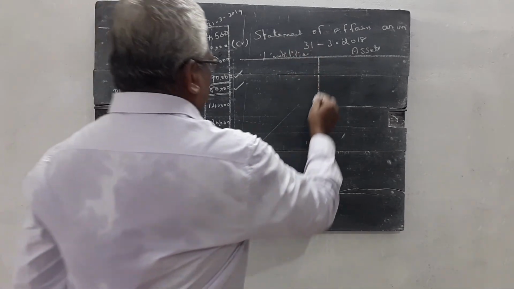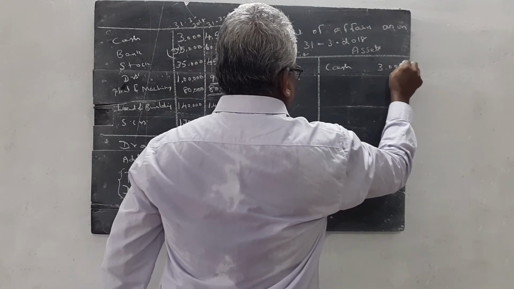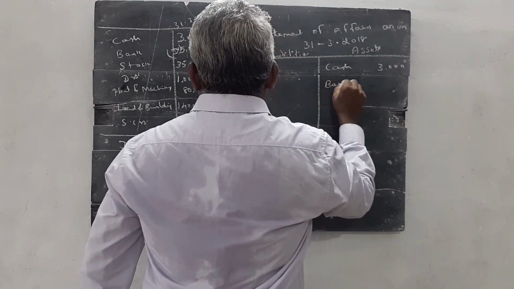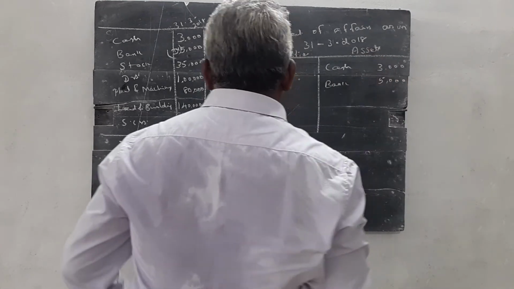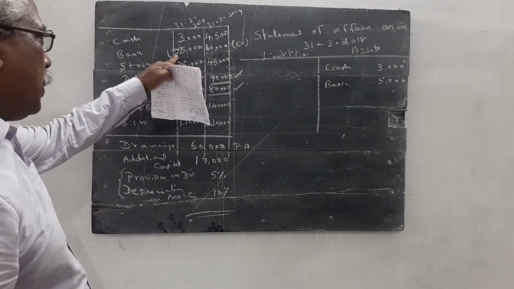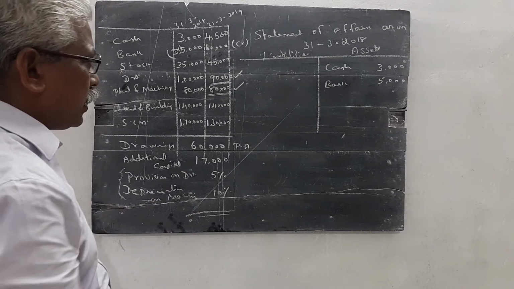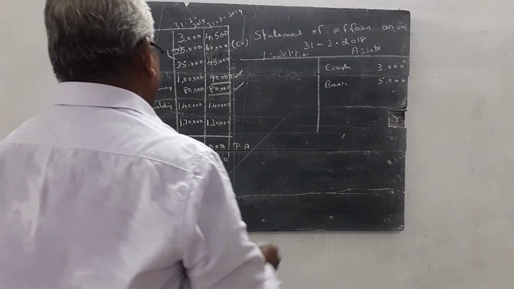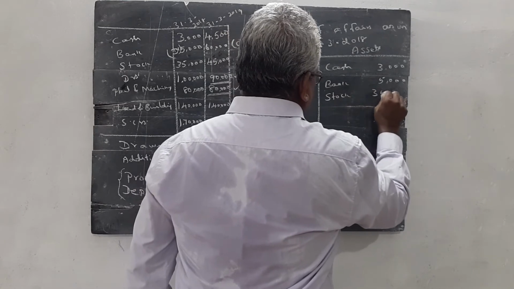First we write cash 3,000, bank 5,000. This 5,000 comes in the asset side because 5,000 in the bracket debit is given. So if the bank account shows the debit balance, it comes in the asset side. Then stock 35,000.